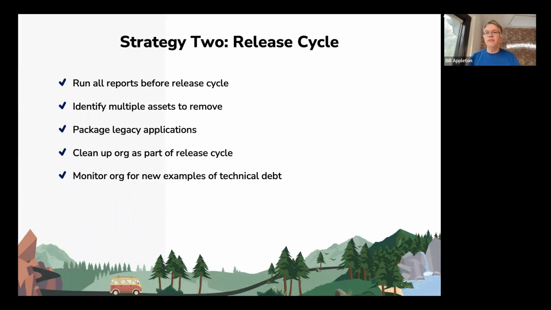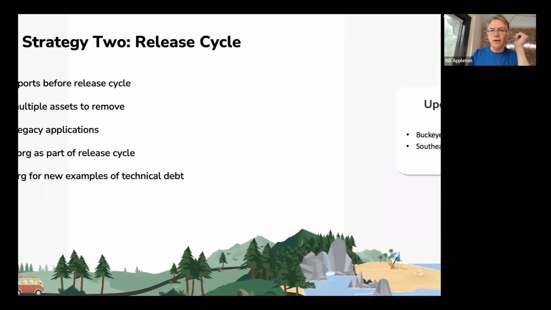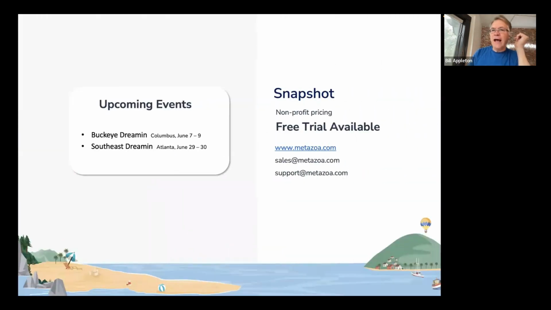And then this is clean up the org over the release cycle, and then set up Snapshot to monitor the org for technical debt. And then the next time something bad happens, you get some of those red areas in the report, it'll send that to your inbox or to your administrative group for whatever you need to do. And so that is the tops of the waves for technical debt with Snapshot and trying to remove it.